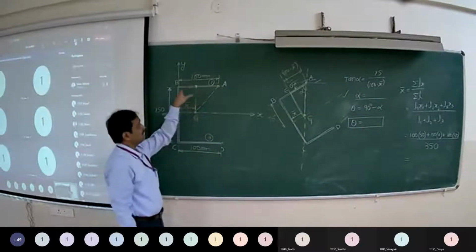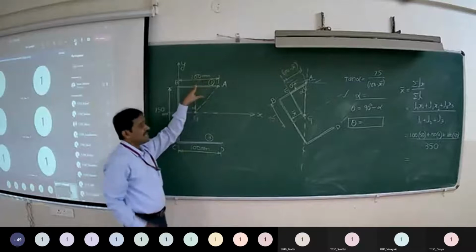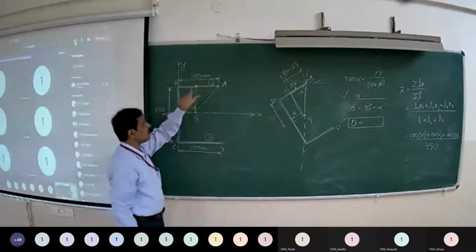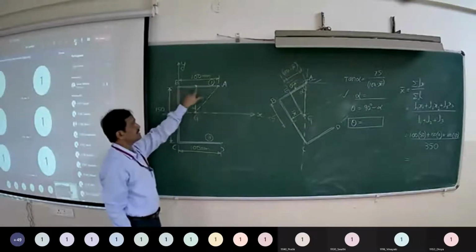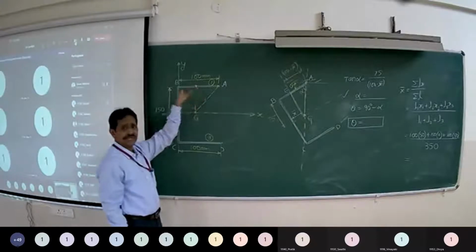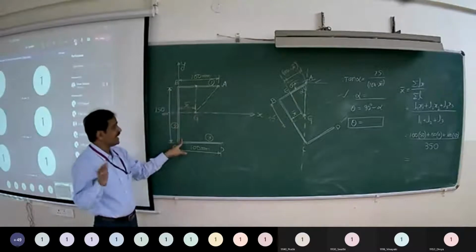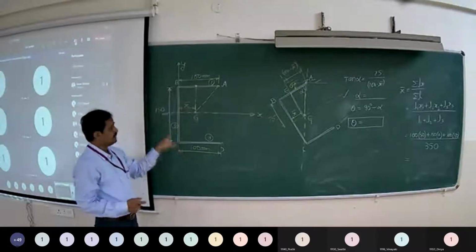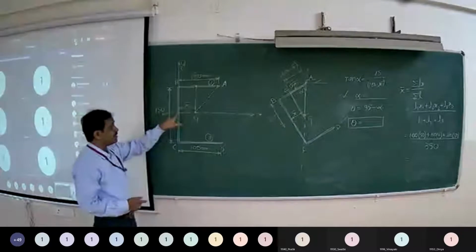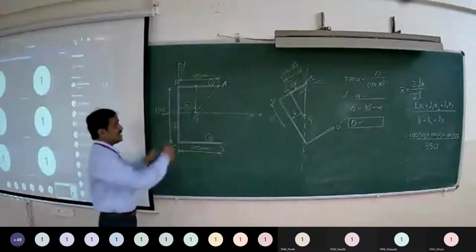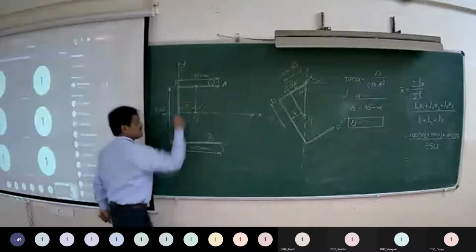So for L1, that is length of AB is 100, x1 means distance of centroid of line AB from y-axis. So the midpoint, so it is 50. Length of L2, here L2 is portion BC, length is 150 and its midpoint is the centroid. That centroid is located on y-axis.